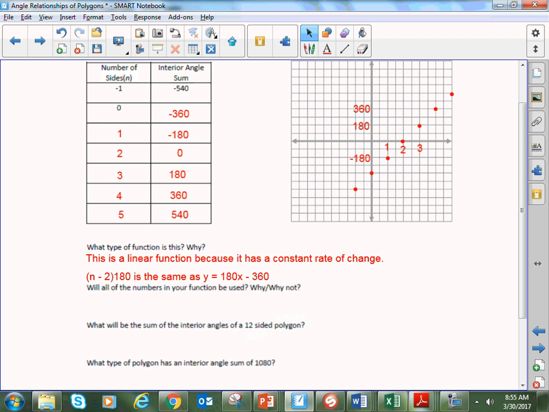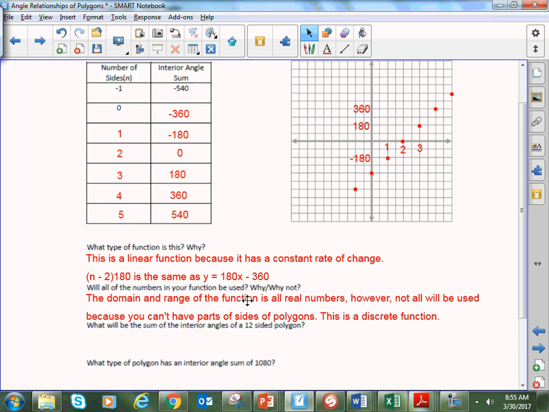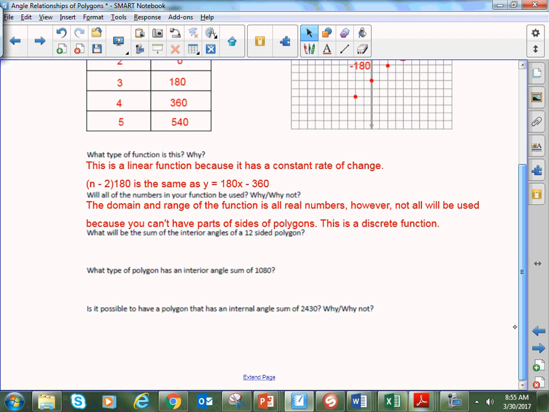Will all the numbers be used? Well, no, of course not. The domain and range of this particular function is all real numbers because it is a line. But realistically, for our purposes, first of all, we can't use negative numbers because I cannot have a polygon with a negative number of sides or a negative angle measurement.